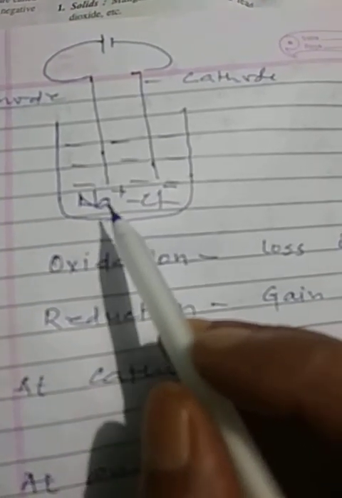So the number of electrons lost is equal to the number of electrons gained. That is why, in other words, we say that the number of positive ions is equal to the number of negative ions.